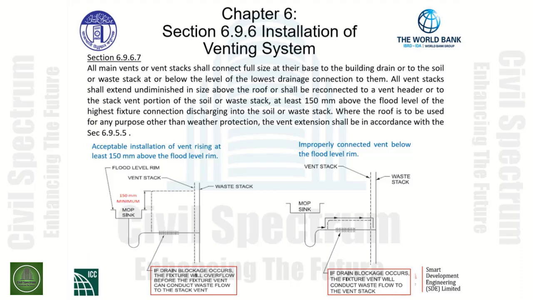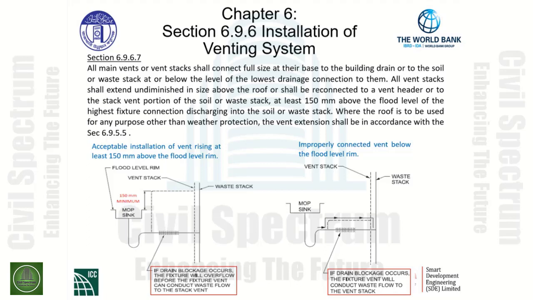Additionally, all vent stacks shall extend undiminished in size above the roof, or shall be reconnected to a vent header or to the stack vent portion of the soil or waste stack, at least 150 millimeters above the flood level of the highest fixture connection discharging into the soil or waste stack.